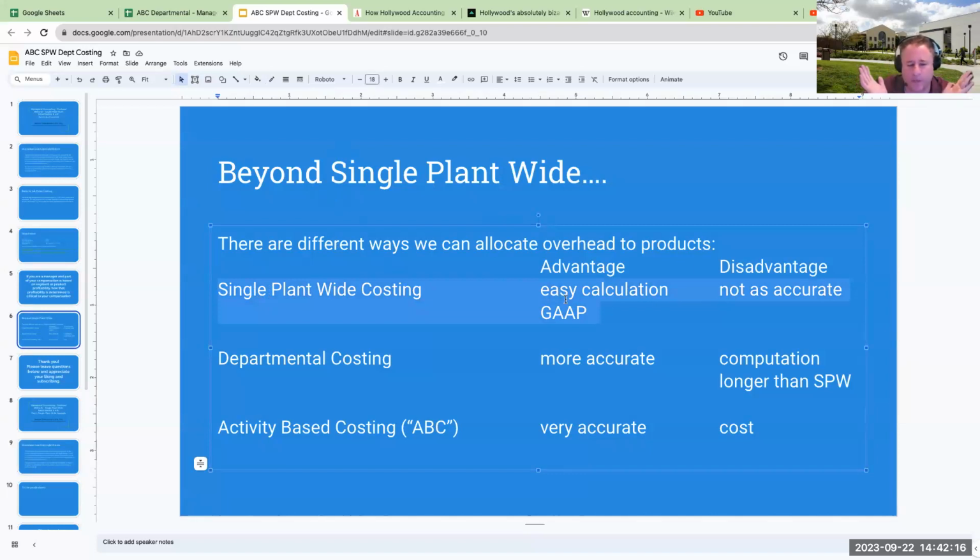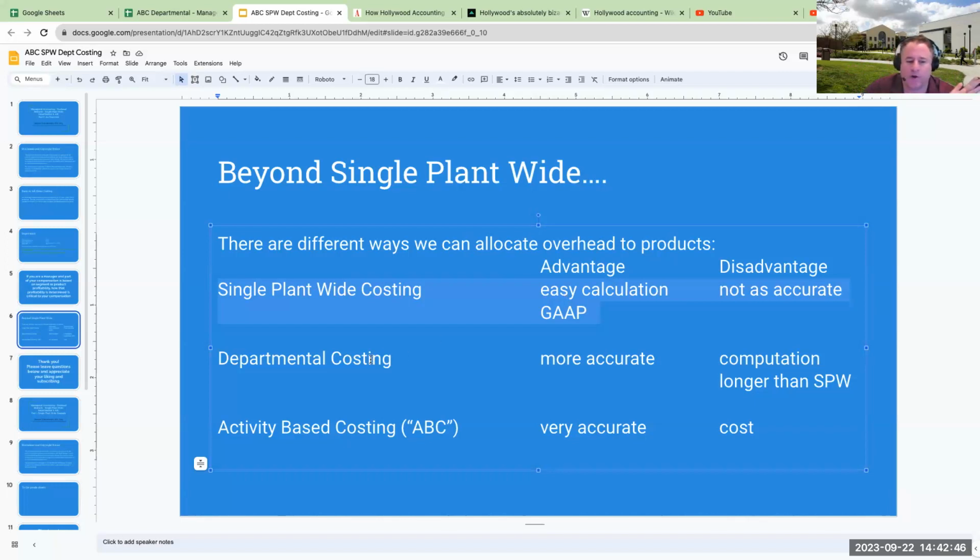We basically took a percentage of the direct labor, and that's my applied overhead. That's an easy thing to do, and it is acceptable under generally accepted accounting principles, so it's fully legal. However, this is not going to be as accurate as some of the other methodologies.